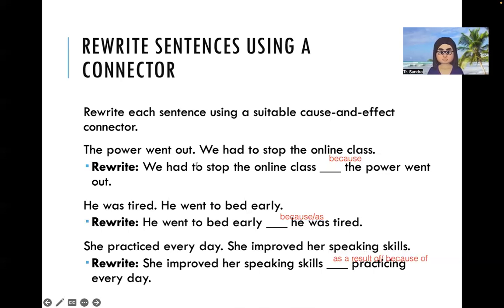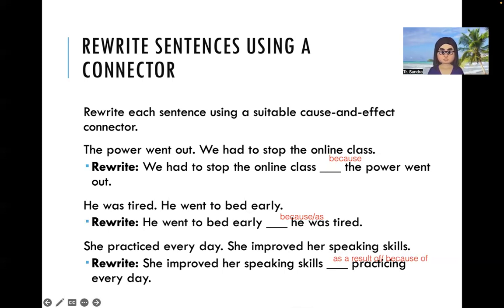So what's the difference between as, since, and because? First of all, I talk about as. As is formal and sometimes informal, and we can use as for reason.